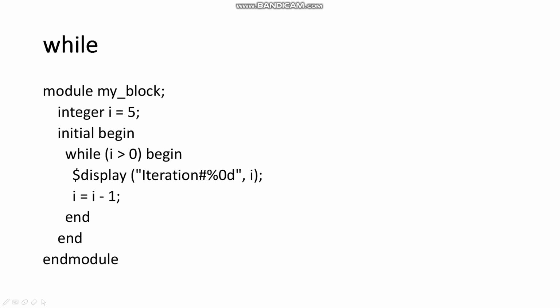Same here, module my_block, integer i equal to 5, initial begin, while i is greater than 0, begin, the value of i is printed, and after that I am updating the value of i. We already know these things very well. Same as what you implement in the C programming language, here in Verilog also we implement.